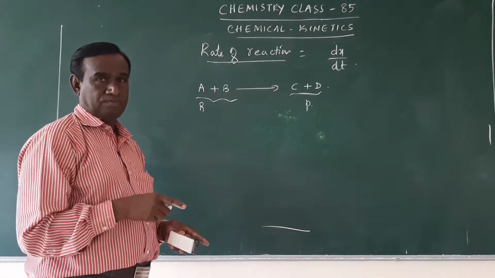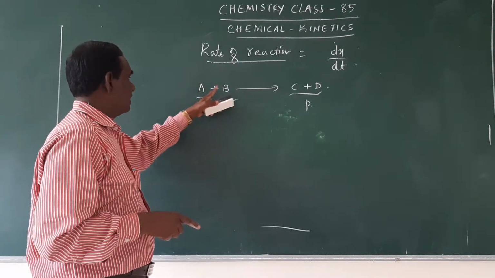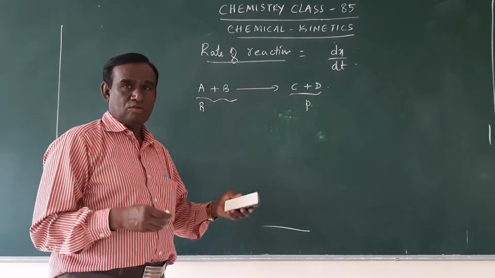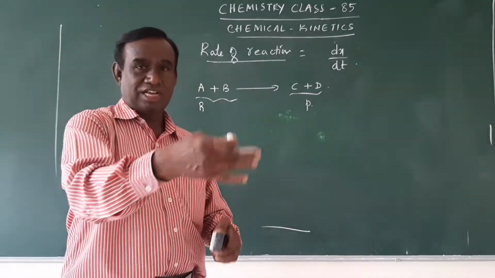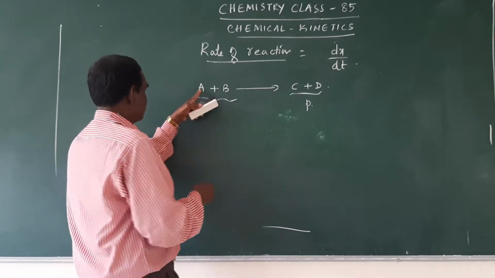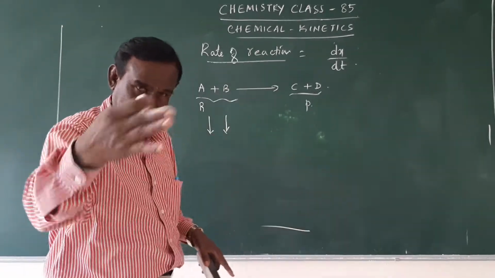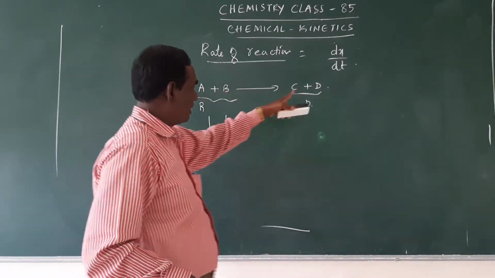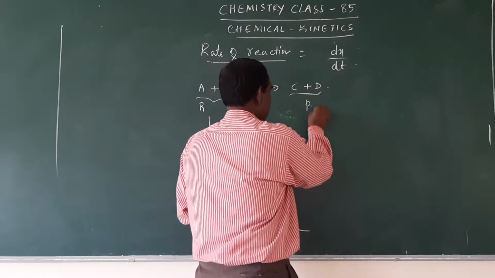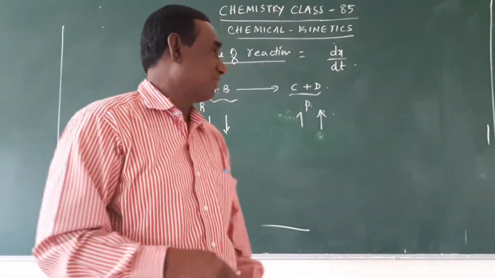Before starting the reaction, the concentrations of the reactants A and B will be more. As time passes, the concentrations of A and B decrease, and at the same time the concentrations of the products increase. That means this is the rate of reaction.